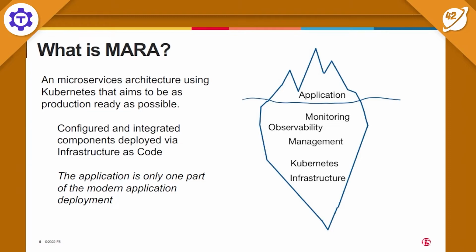As you can see, the application actually only makes up part of this. The part that's hidden below the surface is monitoring, observability, management aspects, infrastructure aspects, and Kubernetes itself. The application is really only one part of this question. The larger amount is the stuff that the application is dependent on that is hidden below the surface.